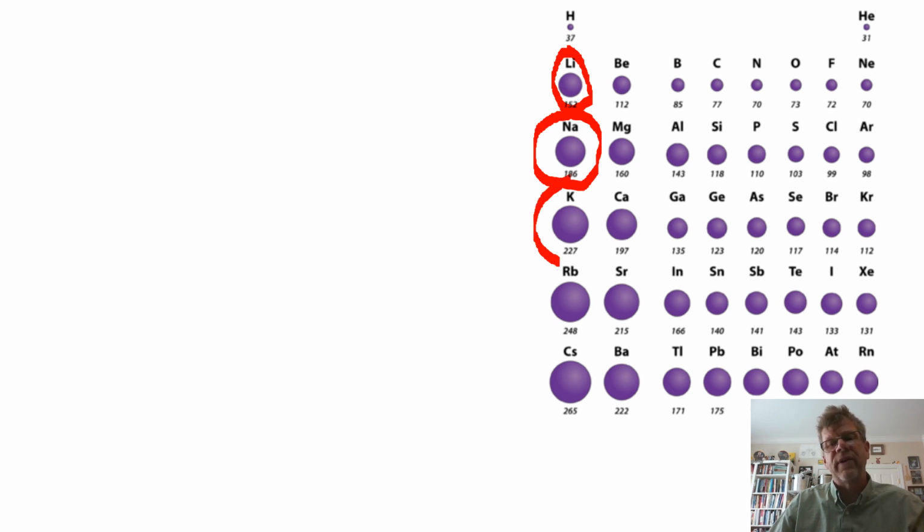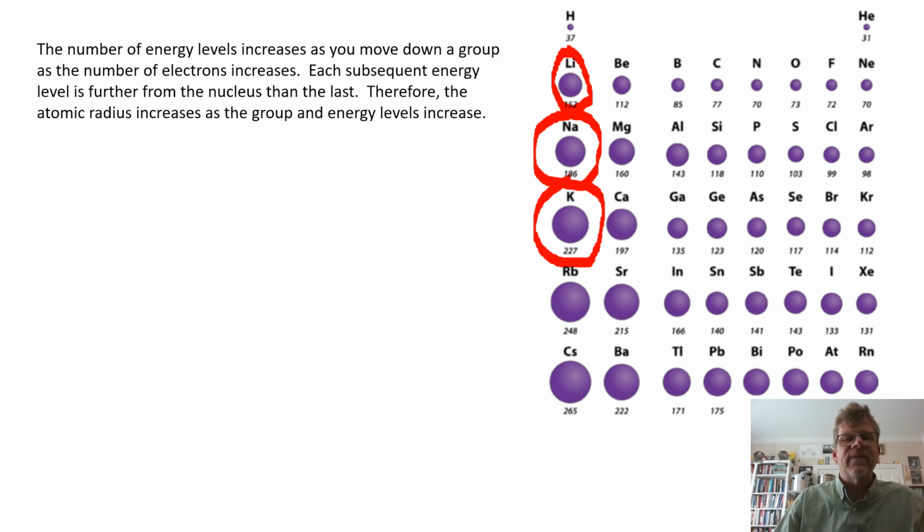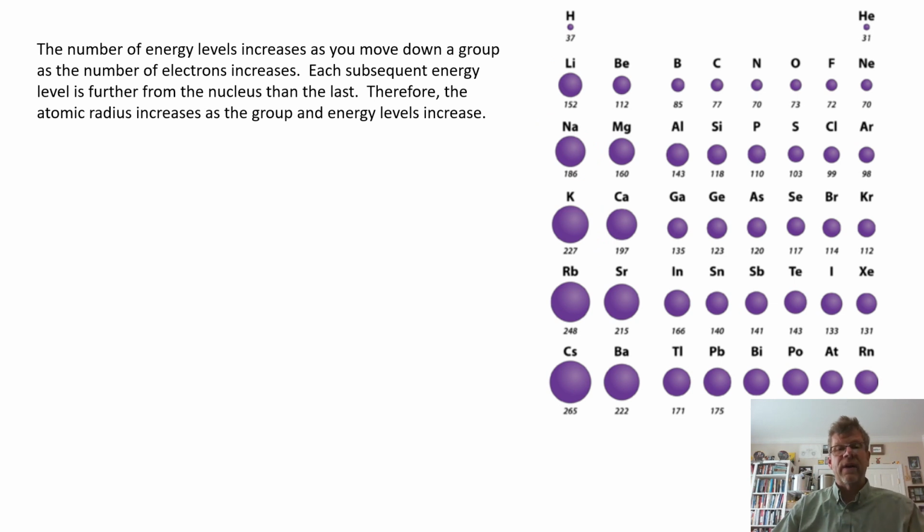The fourth energy level, potassium, is further out from the nucleus than energy level 3. So it makes sense that, as we go through the number of energy levels and move down this column, each subsequent energy level is further from the nucleus than the last. So that makes sense. So let's address going across a row in the periodic table.